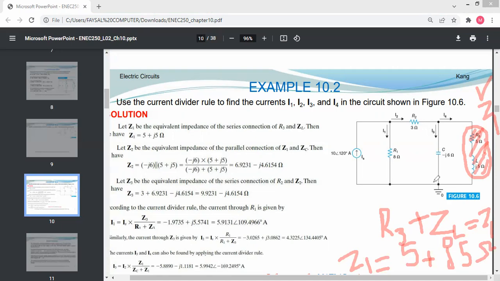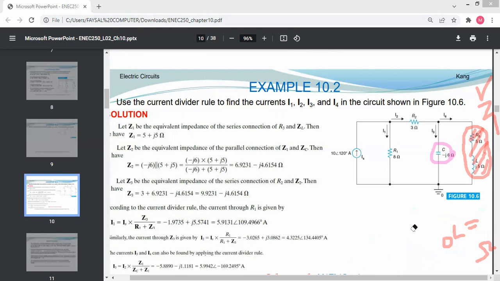Now for the second thing. As this is replaced by Z1, Z1 and this value, ZC, are also in parallel. I will draw this cross section only.